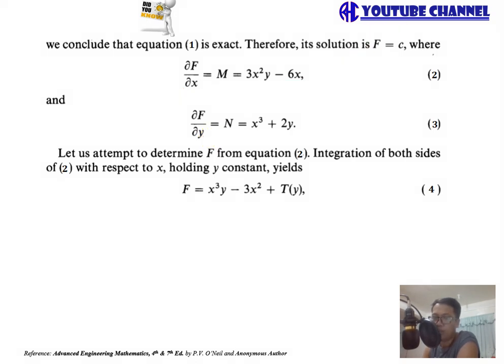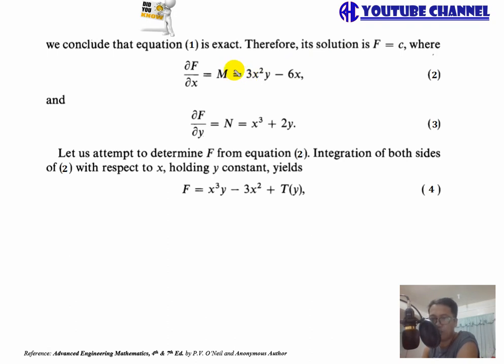Okay, so pipili tayo dito sa dalawa kung anong gagamitin natin. Either it's M or N. So sa ngayon, pwede natin ipakita muna ito, yung equation 2 na gagamitin natin. Okay.